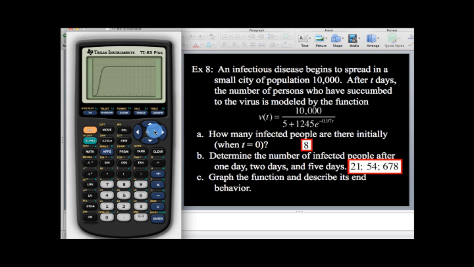But that gives us a picture of that graph. If you look at this, it ends up leveling off right around, if we trace this, you can see right around 2,000. As we go through there, we're getting 2,000 for what we would call the horizontal asymptote.